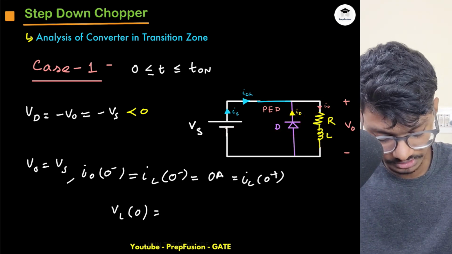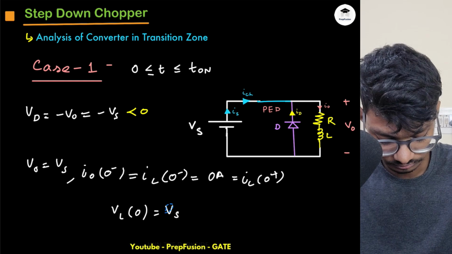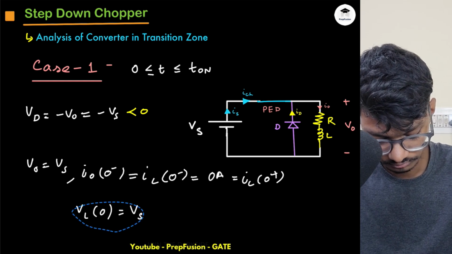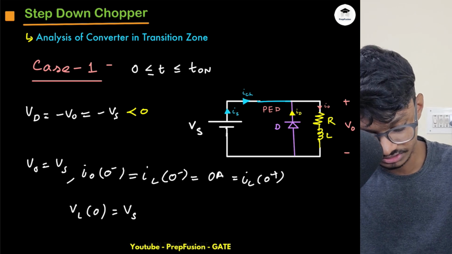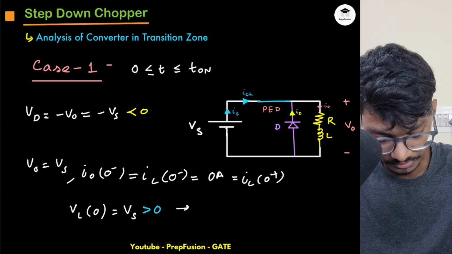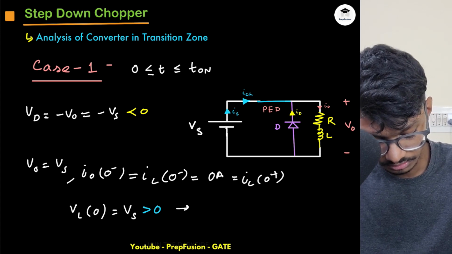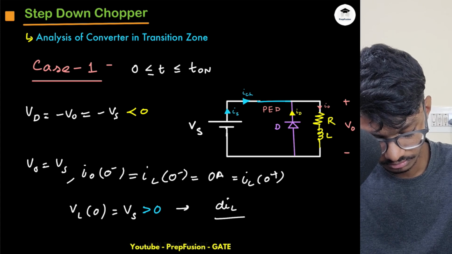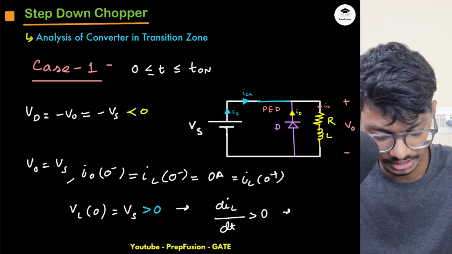So VL0 will be simply Vs, which is positive. As it is positive, dIL by dt is positive, because V equals L dIL by dt.